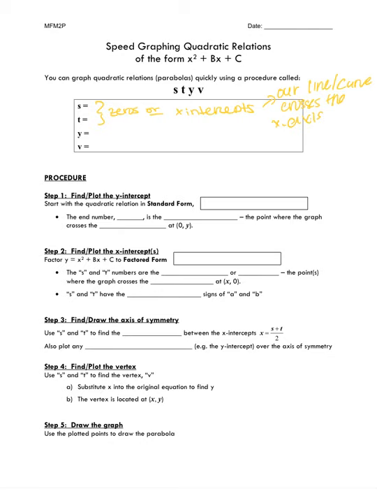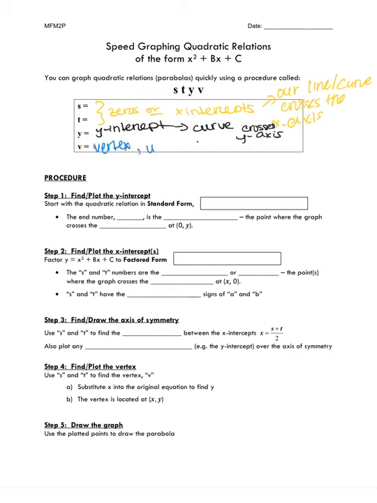And then y, that's going to be our y-intercept, which is where our curve crosses the y-axis. And then v, that's our vertex.